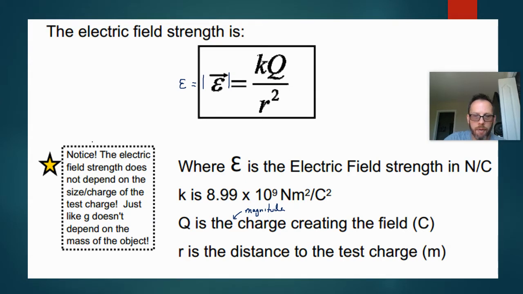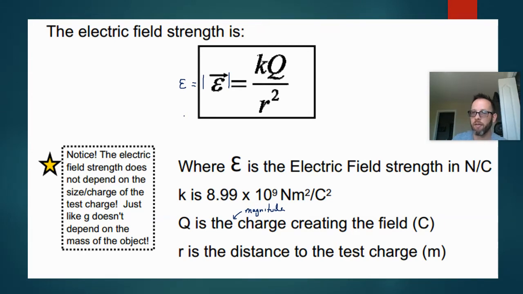And something to notice here, so think of our equation for gravitational field strength. G big M over R squared. It depends on the mass setting up the field. The gravitational field strength around Earth depends on the mass of the Earth. The electric field strength around a charge depends on the magnitude of that charge. It doesn't depend on what kind of charge you're putting in the field.